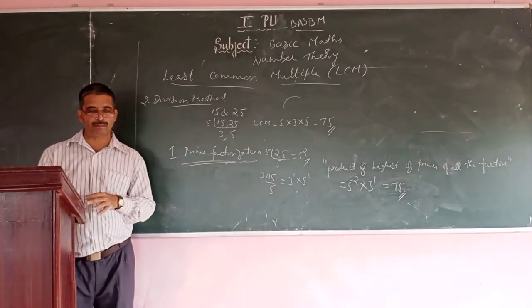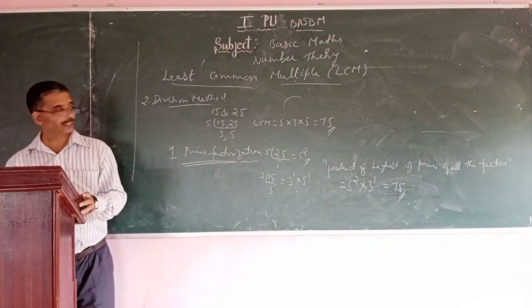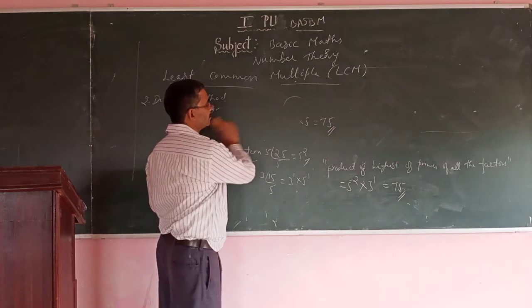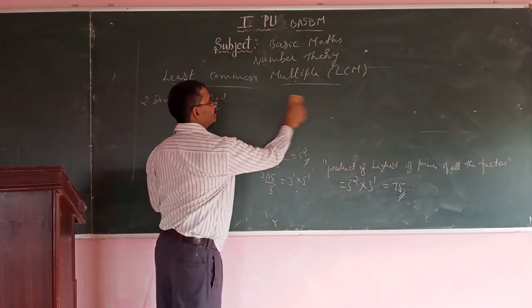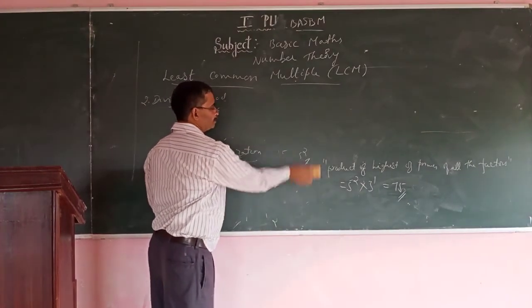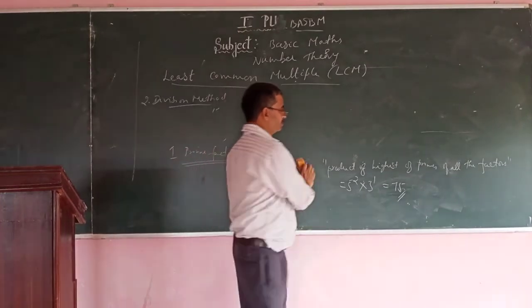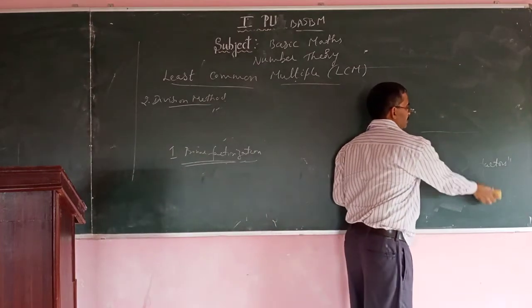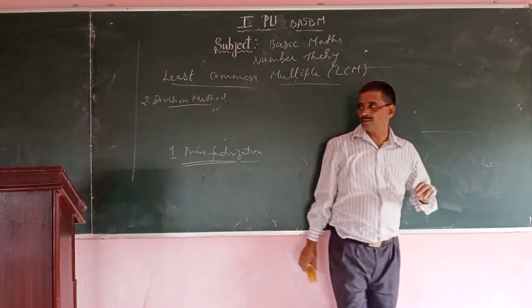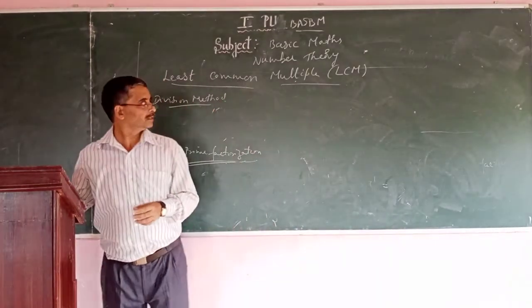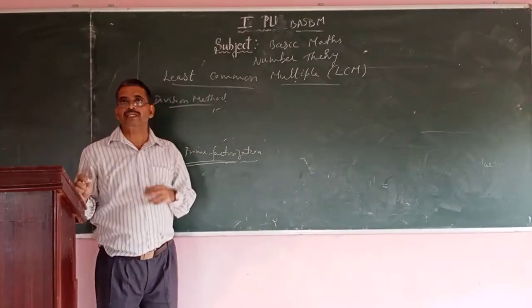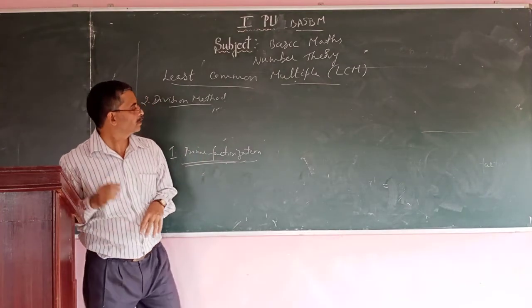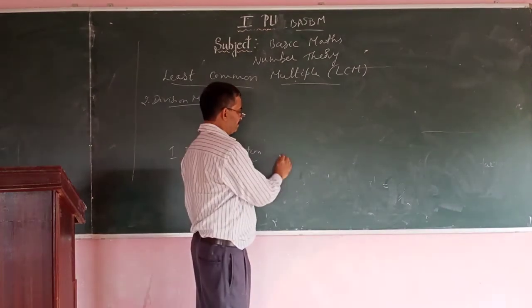Let us give some more examples. We will consider 3 numbers now. 2 numbers are easy, so let us consider 3 numbers, say 12, 16 and 20.